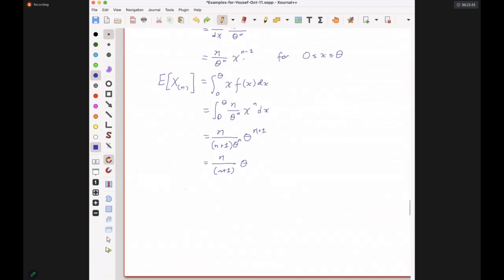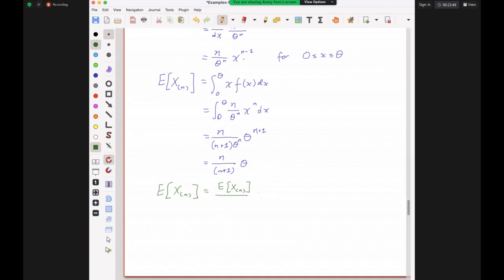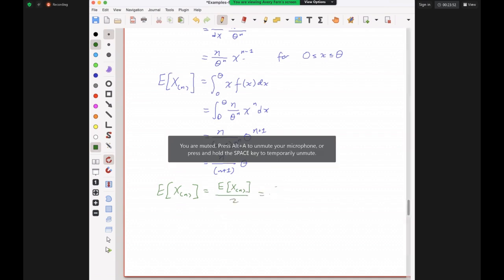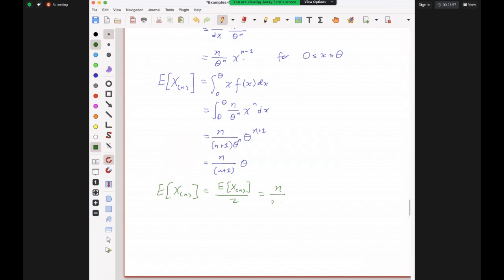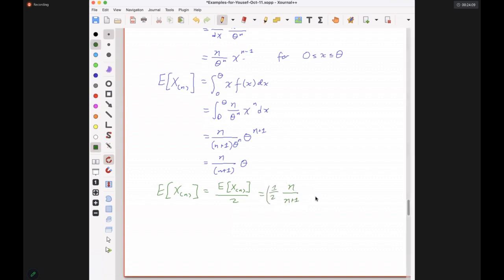So this is going to be n over n plus 1, and I'll write it as 1/2 n over n plus 1 times theta.